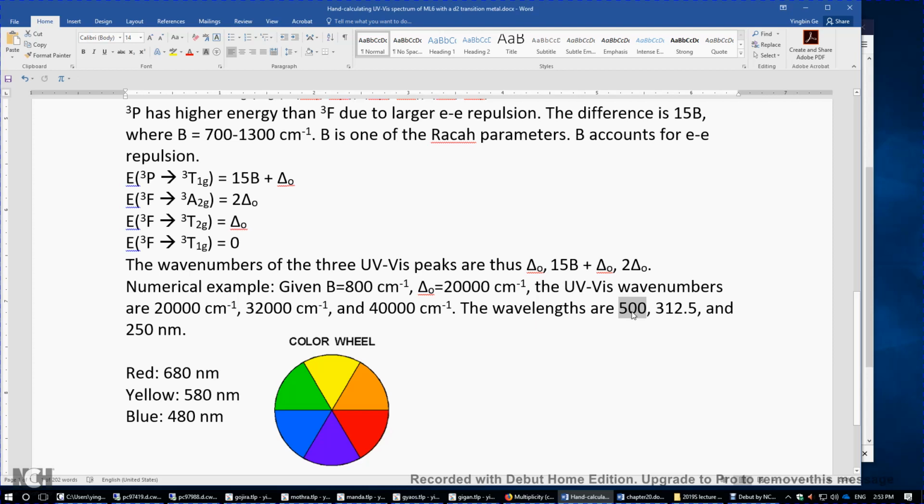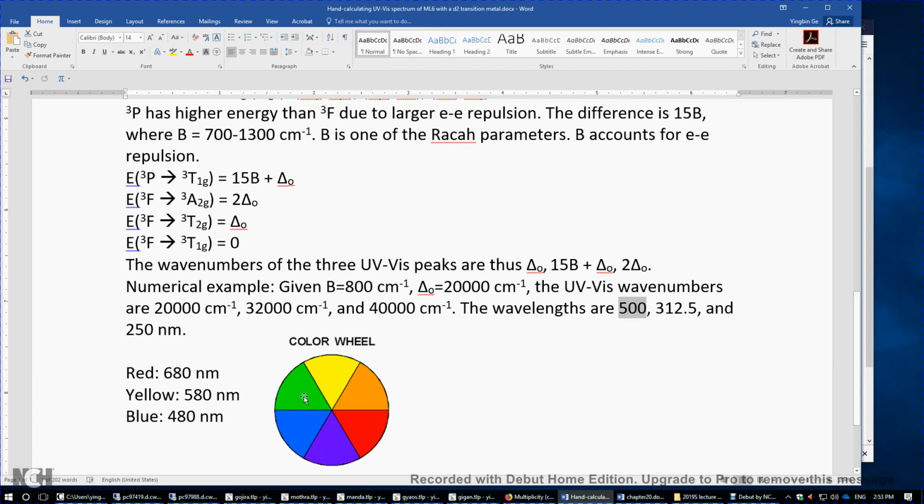And how do we know what's the color of this? It's pretty simple. Actually, if you remember 3 numbers, red 680, yellow 580, blue 480, and you can tell this 500 is between yellow and blue, so maybe it's greenish. And then remember, in this UV-Vis spectrum, the transition metal will absorb this green light with 500 nanometer wavelengths.